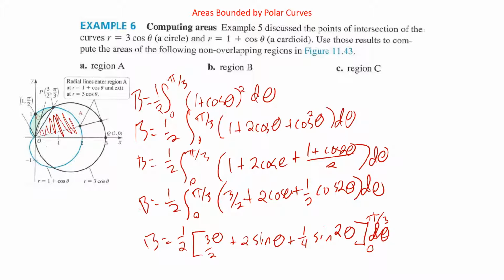Plug in pi over 3. So we'll have pi over 3 times 3 over 2, which will be pi divided by 2. So this is 1/2 times pi over 2 plus sine of pi over 3, which was root 3 over 2 times 2, so that's a root 3, plus 1/4 times sine of 2 pi over 3, which is again root 3 over 2, but instead of times 2 we're dividing by 4, so it'll be plus root 3 over 8.